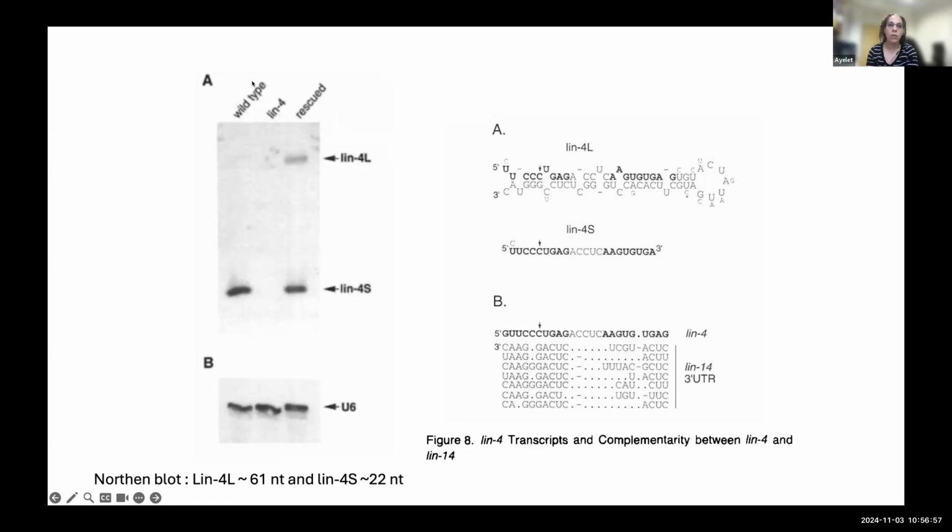From this northern blot, you can see that in wild type and in the rescue strain, after he injected the cloning of Lin4. So this was published in 1993.